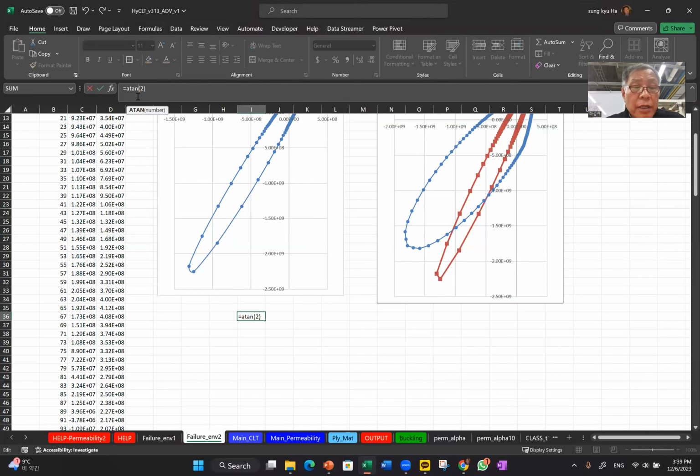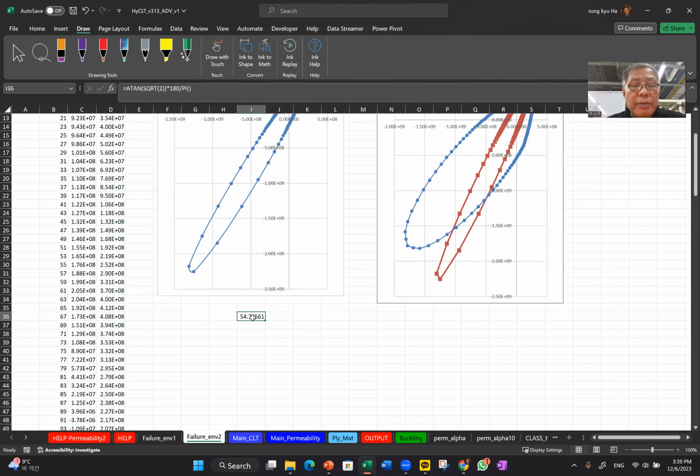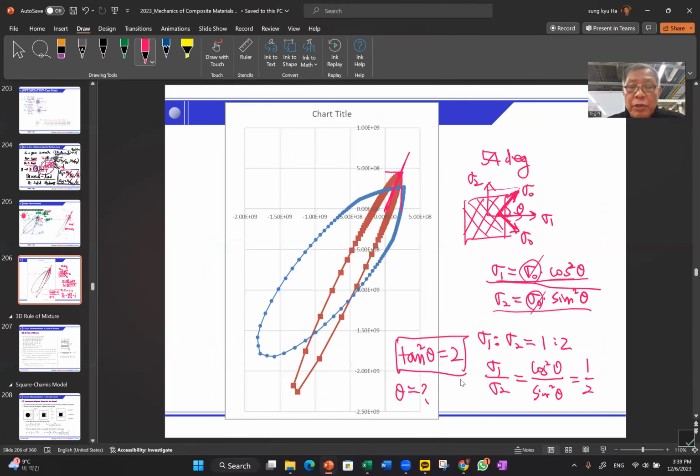So theta is the arc tangent of the square root of 2. What's the angle? Well, we convert into degrees. Then as you can see, 54 degrees, or 54.7, is nothing but tangent squared theta is simply the ratio 2.